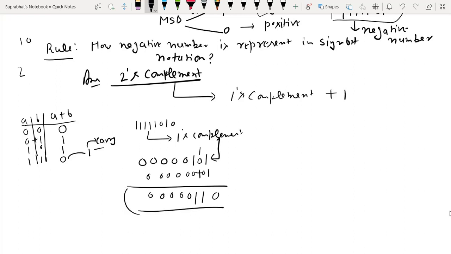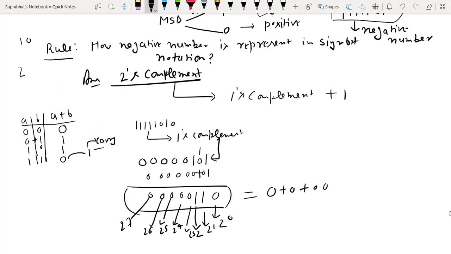So when I am calculating this again in binary format, this is 2 to the power 0, this is 2 to the power 1, this is 2 to the power 2, next one 2 to the power 3, 2 to the power 4, 2 to the power 5, 2 to the power 6 and 2 to the power 7. Since all these are 0, it will be 0 plus 0 plus 0 plus 0 plus 0. Next, 2 to the power 3 into 1, sorry, 2 to the power 3 is also 0.